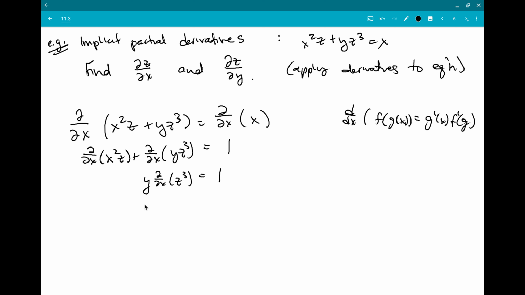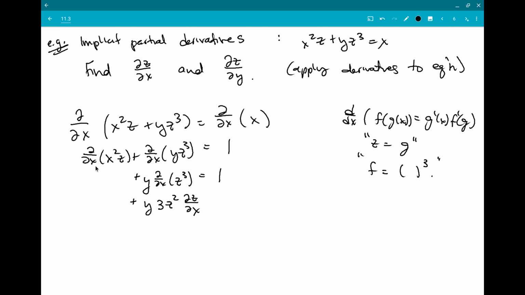So I'm going to need to do, this would become 3 times z squared, where z is my g, and then I need to do the derivative of that quote g. So then I'll have dz dx. So I may have misspoken earlier. My z is basically my g, and my f is basically something cubed, for that comparison right there.